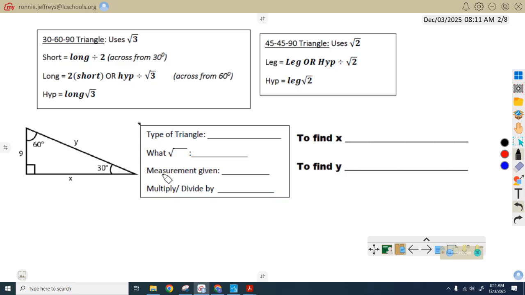No. It's one of these two triangles. Yes, it does have a 90-degree angle because we're doing special right triangles. They all have 90-degree angles in them.